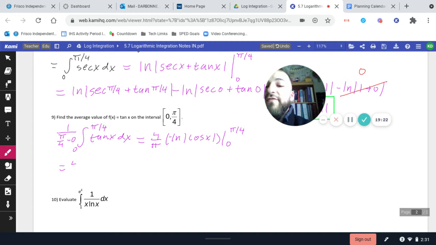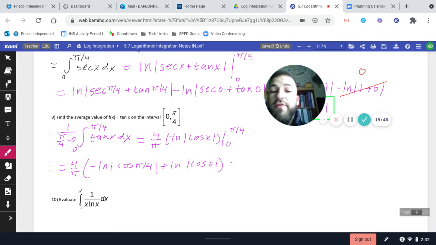So I still have my 4 over pi in the front. Inside, I have negative natural log of the absolute value of cosine of pi over 4, minus the negative, which is the same as plus the natural log of the absolute value of cosine of 0. Then from here, cosine of 0 is equal to 1.